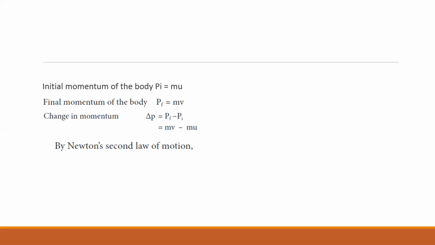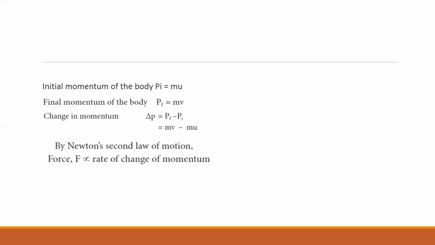By Newton's second law of motion, what does it say? The force acting on a body is directly proportional to the rate of change of linear momentum. You can see the symbol between F and the rate of change of momentum. It is not an equal symbol; it is called the proportional symbol.